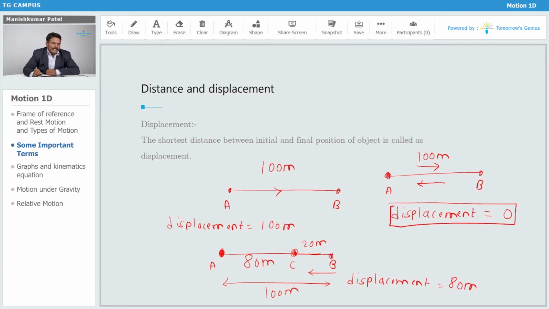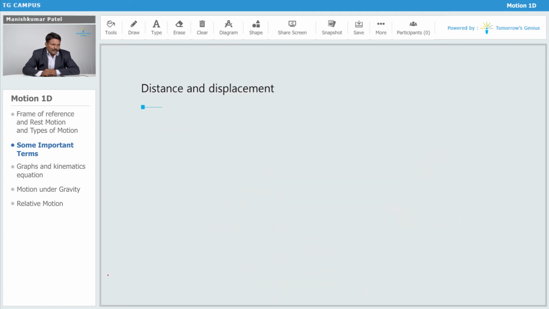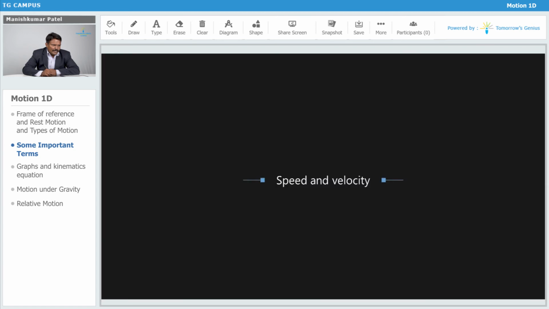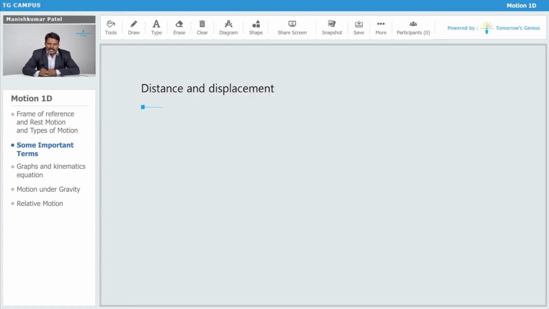So the displacement is 0 when the object reaches the same point again. So that is what we can say about the displacement. The shortest distance becomes 0 for that particular case, then I will say that the displacement becomes 0. So these are a few things about distance and displacement.